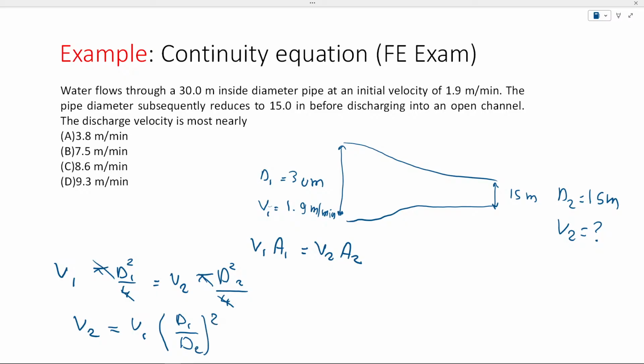So basically that is a relationship that I have, and so I can find V2. V1 is given as 1.9, D1 over D2, so D1 is 30, D2 is 15, to the power of 2, so I'm getting 2 to the power of 2 here, so that's 4 times 1.9, that would be 7.6 meter per minute.